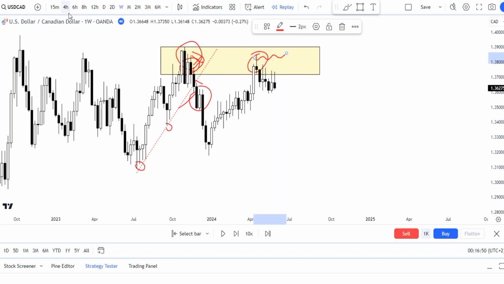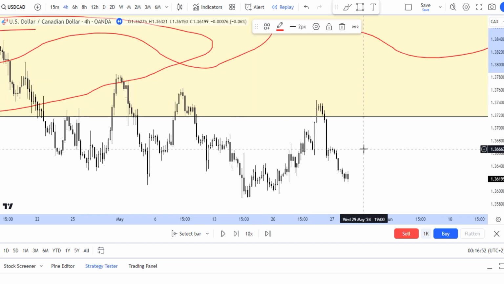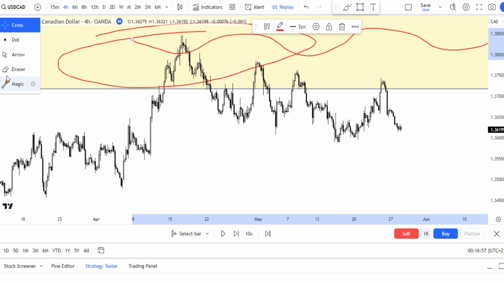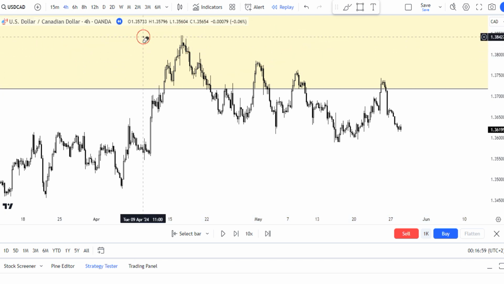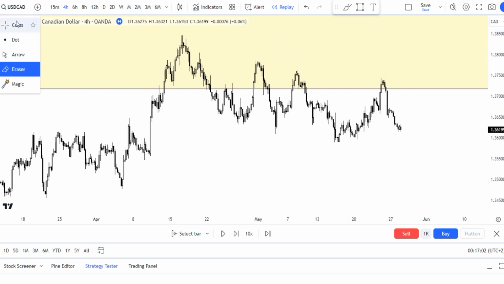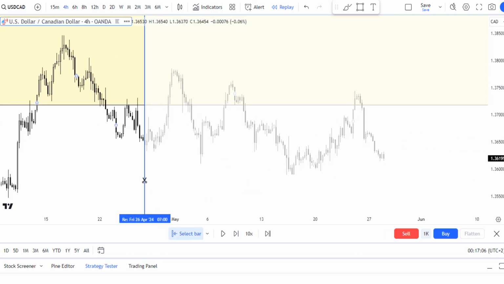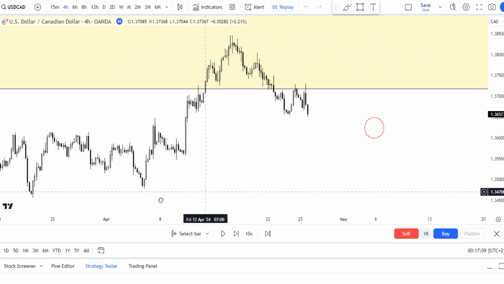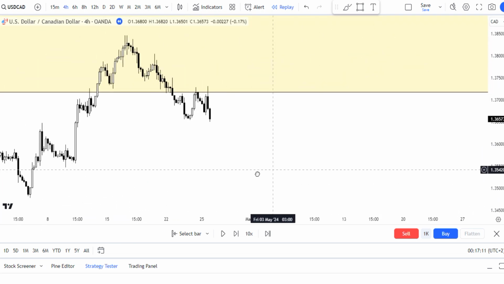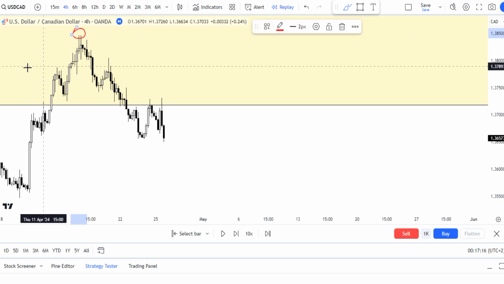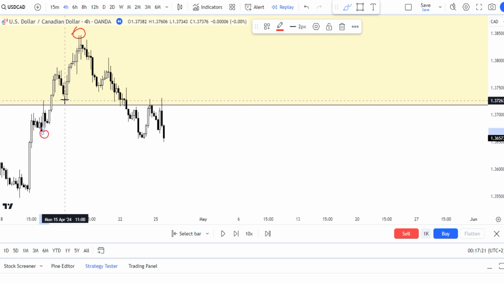Now let's go to the 4-hour chart. Let me clean it first. Now what I am going to show you is, see here guys, when price came into this weekly area, of course I am going to connect this belly and this belly.